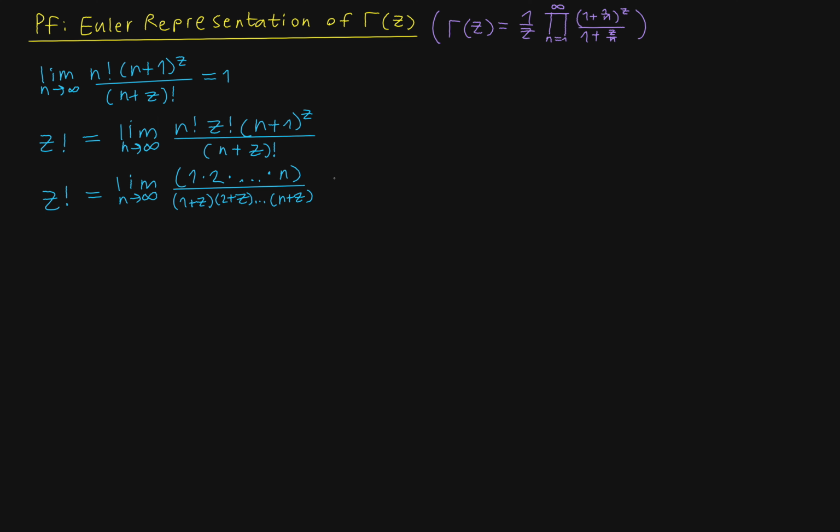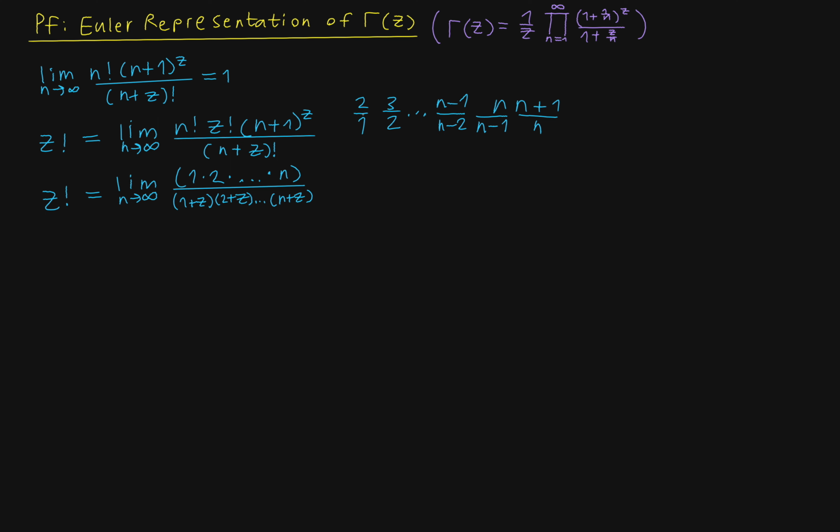And now for the (n plus 1) to the z, let's consider that if we have n plus 1, divide by n and multiply by n, this is still going to be the same thing. Now, what if we keep doing this with lower factors? So this just keeps going on like this until we get to 3 over 2 times 2 over 1.